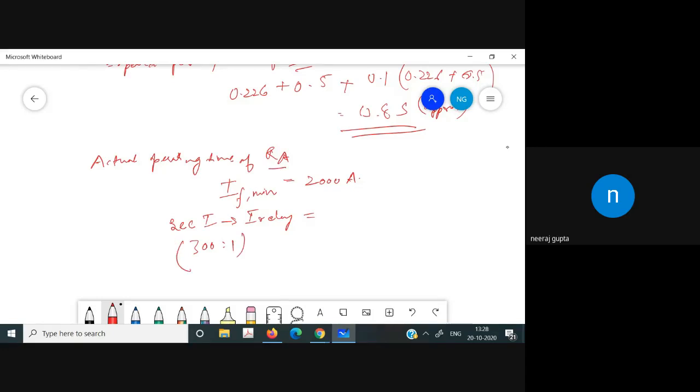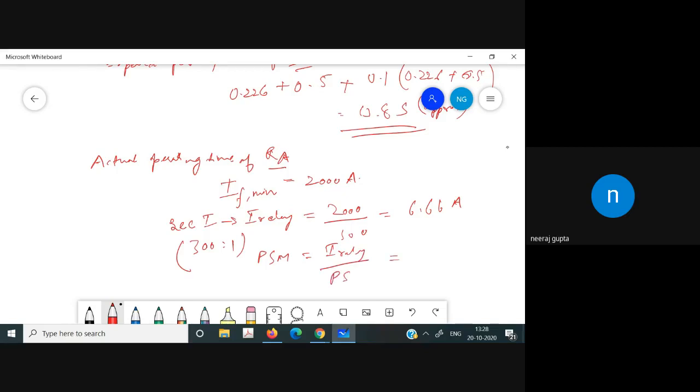So we will get the I relay as 2000 divided by 300. So we are getting 6.66 ampere, and we get the PSM as I relay divided by plug setting.